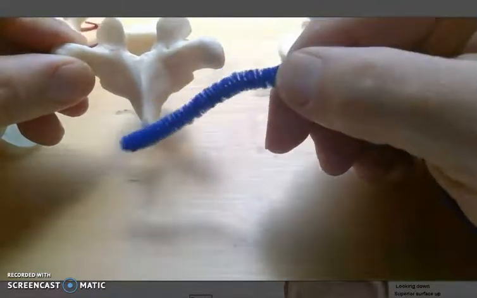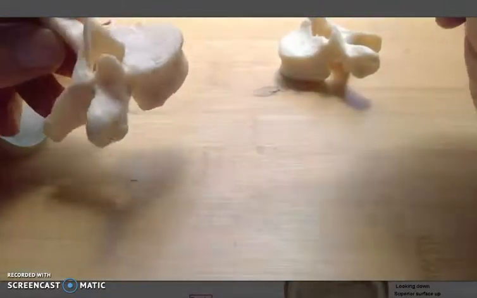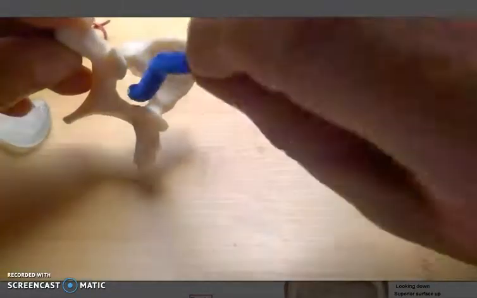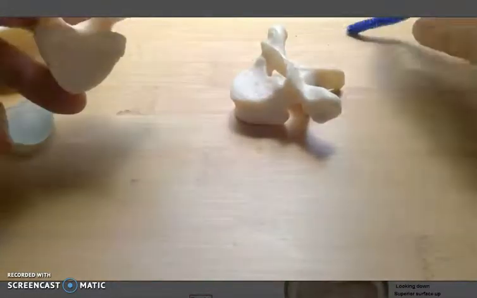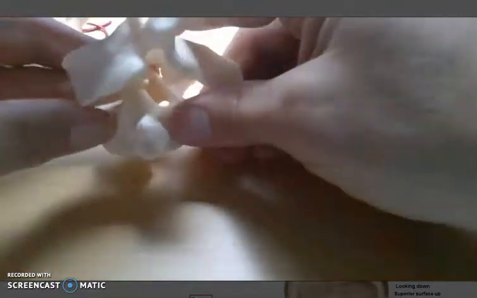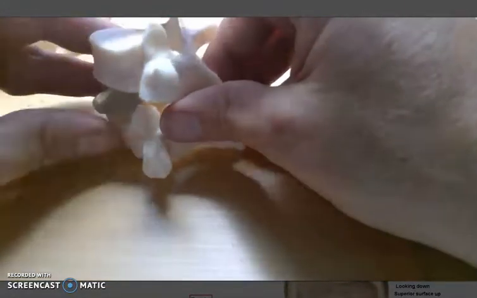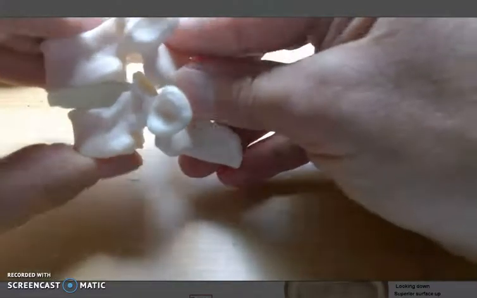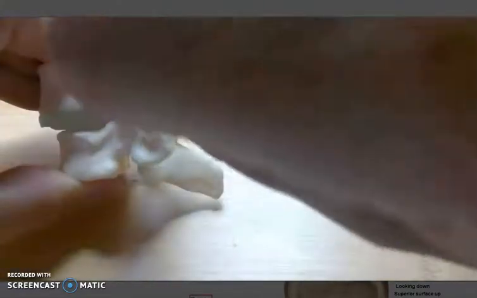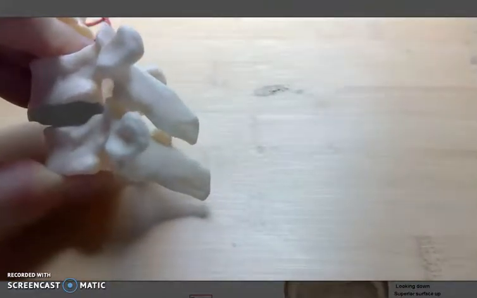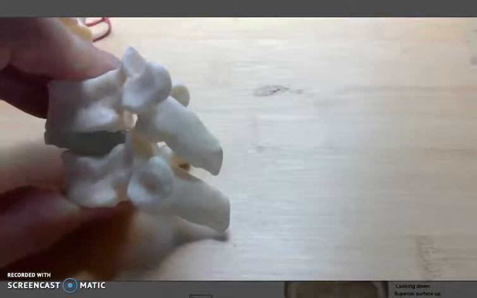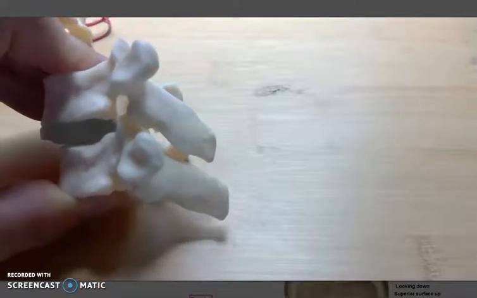We have our spinous process sticking to the posterior. We have our vertebral foramen there. And if I put the inferior articulating process together with this one, and I guess I will put my incorrect disc there, I have my intervertebral foramen in between the two. So those are the landmarks that all vertebrae allegedly have.